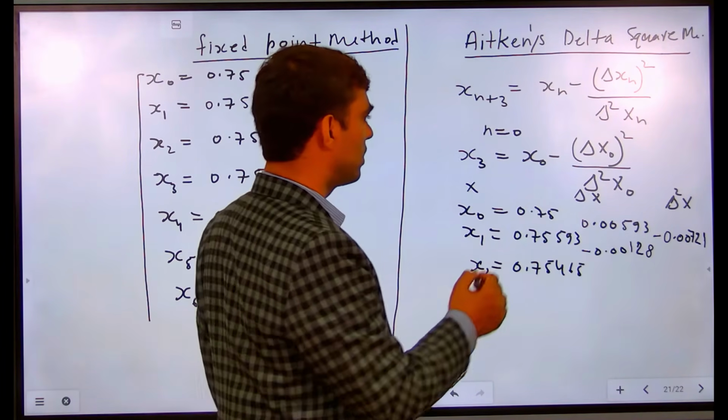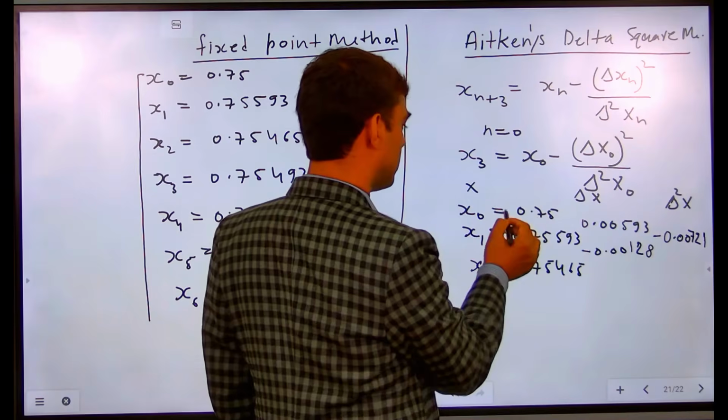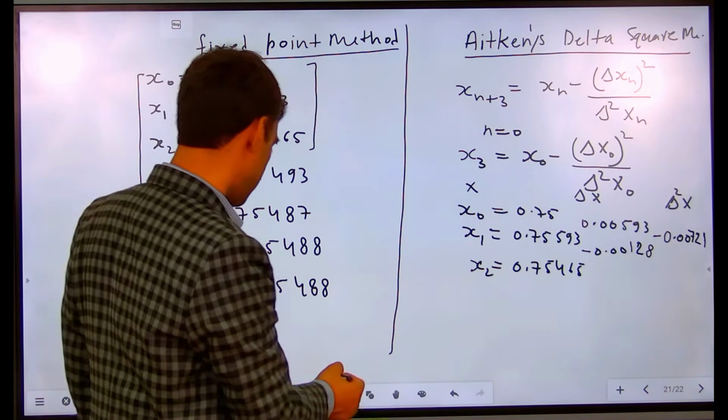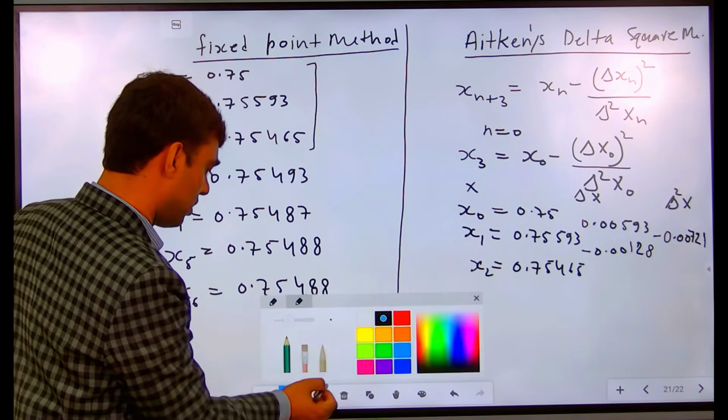Now what is the value of x0? x0 is this value.